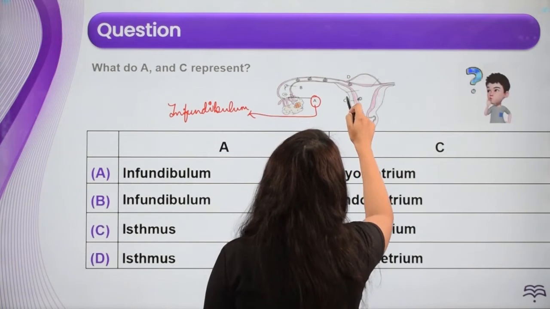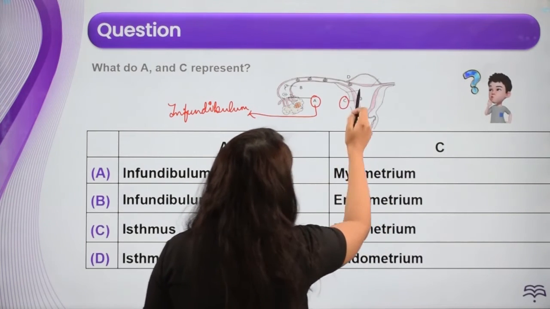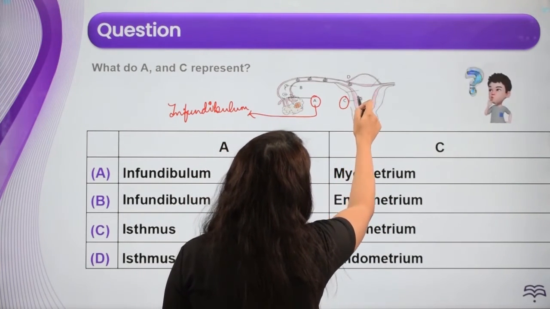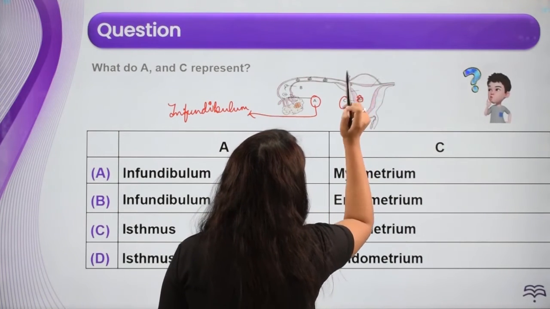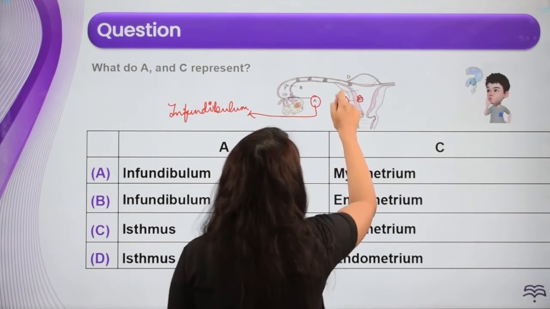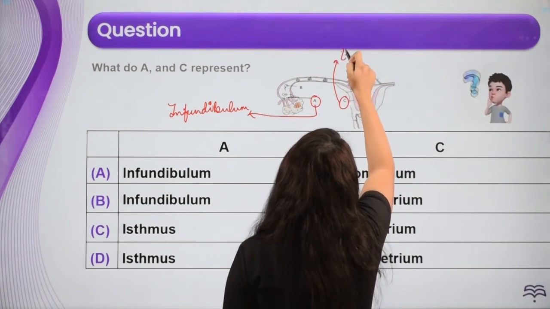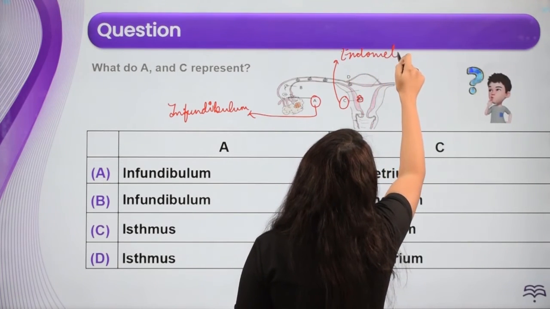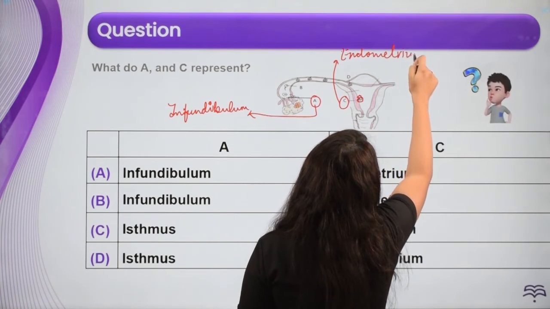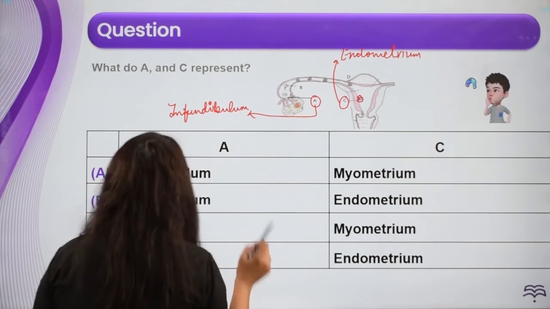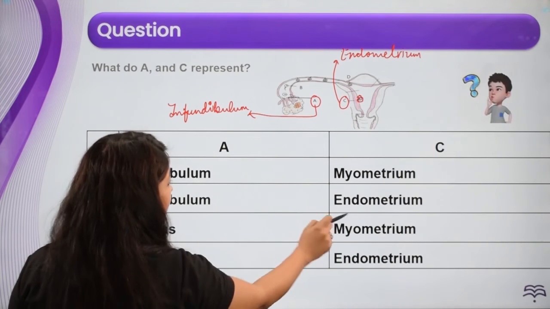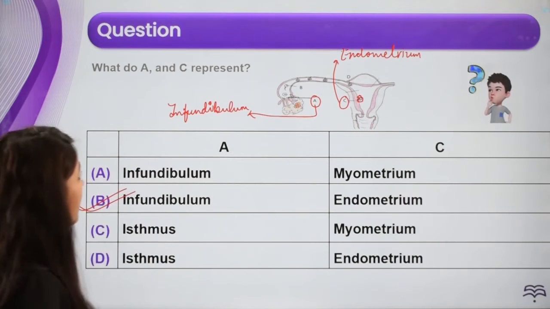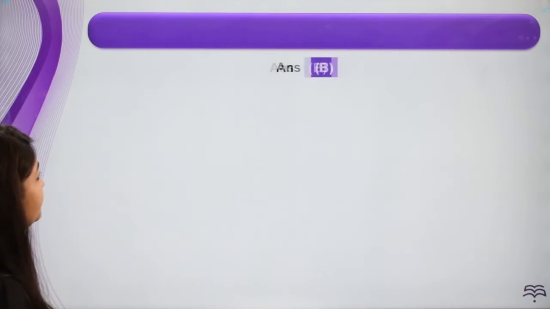C is this one. यहाँ पे इम्प्लांटेशन हो रहा है, राइट। तो C हो जाएगा एंडोमेट्रियम। तो देखो A is infundibulum, C is endometrium, B is going to be the answer.